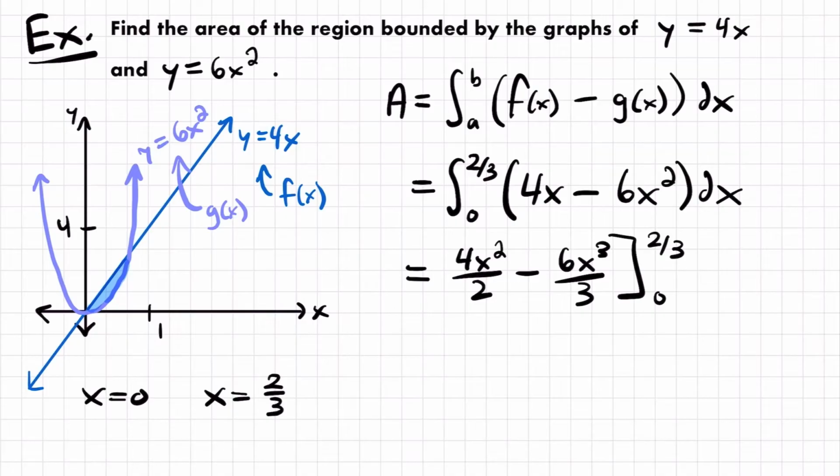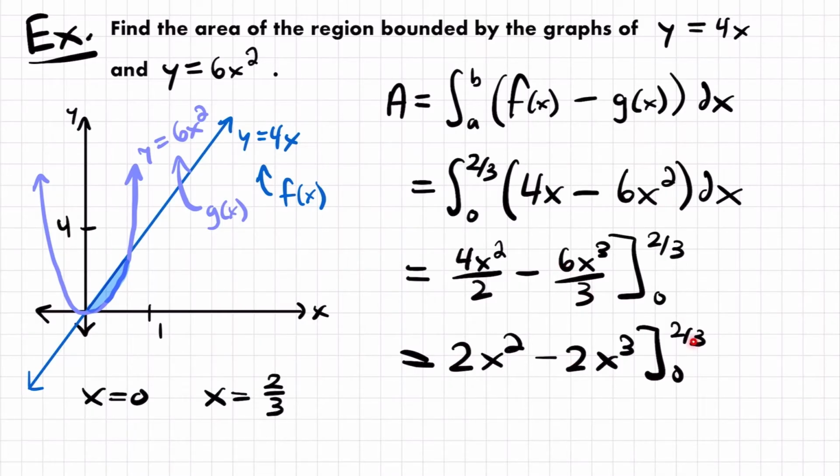Okay, and so now what we want to do is plug in 2/3 into this expression and subtract plugging in 0 into this expression. But before we do that, notice that 4/2 and 6/3 can be reduced, and so this will be equal to 2x squared minus 2x cubed, evaluated from 0 to 2/3, right? 4 divided by 2 is 2, and 6 divided by 3 is 2.